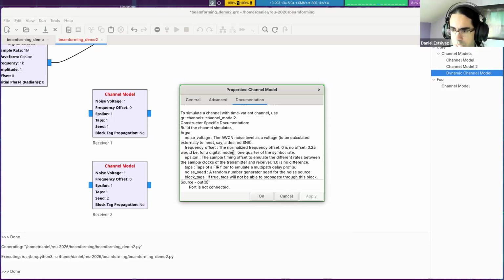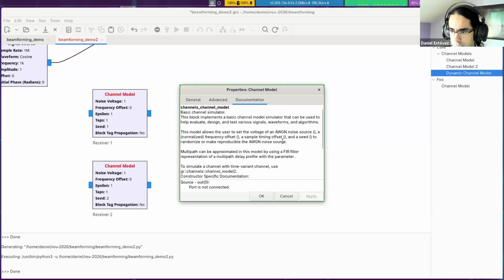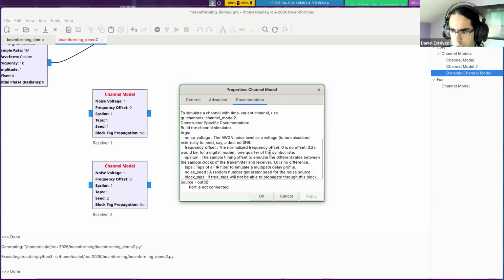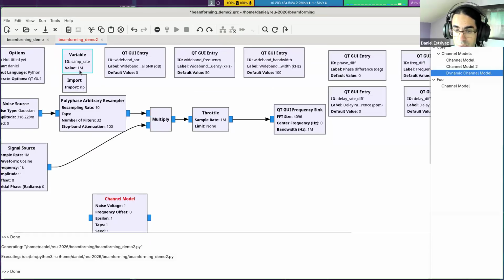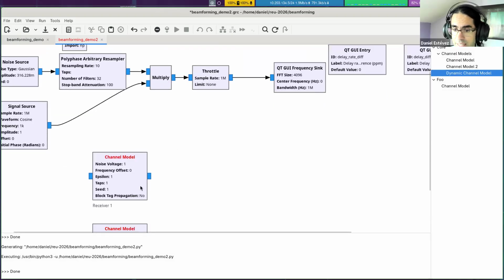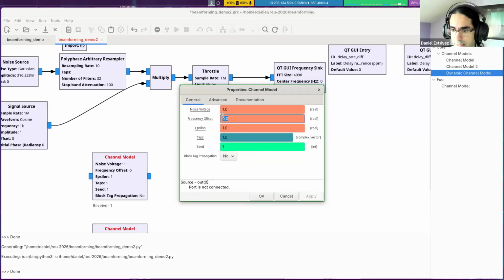For something which is more general like this, it's not the symbol rate, which I'm not even going to explain what it is. It's the sample rate. So, for example, 0.25 would be 1/4 of the sample rate, which is 1 megahertz. So 0.25 would be 250 kilohertz frequency offset.